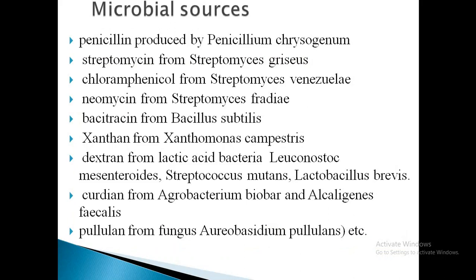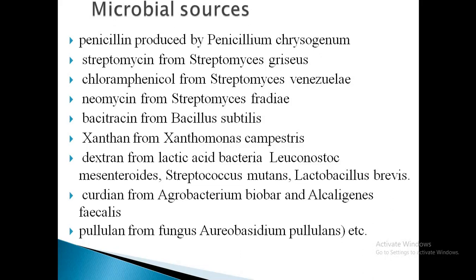Similarly, we can prepare various drugs from microbial sources also. For example, penicillin is produced by Penicillium chrysogenum, and streptomycin is prepared from Streptomyces griseus. Chloramphenicol is prepared from Streptomyces venezuelae.